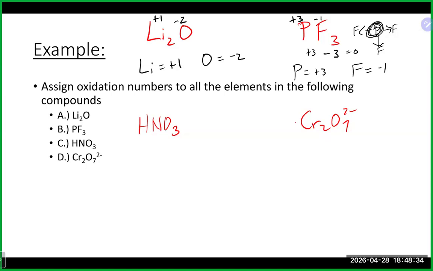Over here, we have nitric acid, -2 for our oxygen. That gives us a -6 overall. We do need equals 0 when it's all said and done. +1 for our hydrogen. And in this case, our nitrogen is going to take on a +5 oxidation state to get us to 0. So hydrogen is +1, nitrogen is +5, and oxygen is -2.